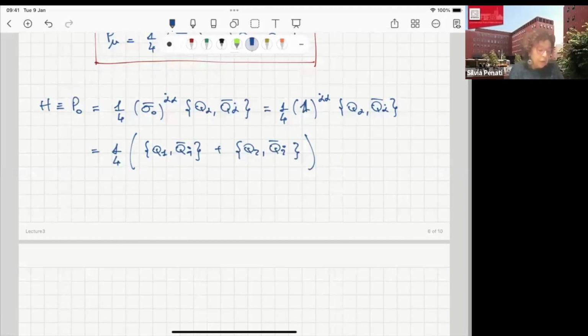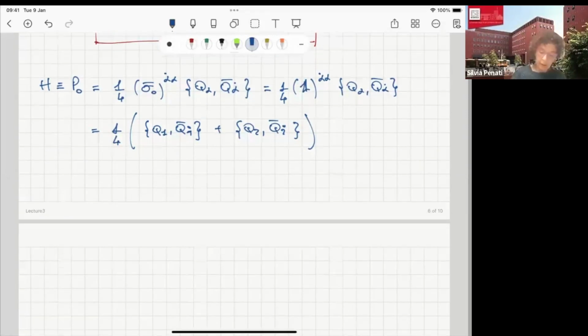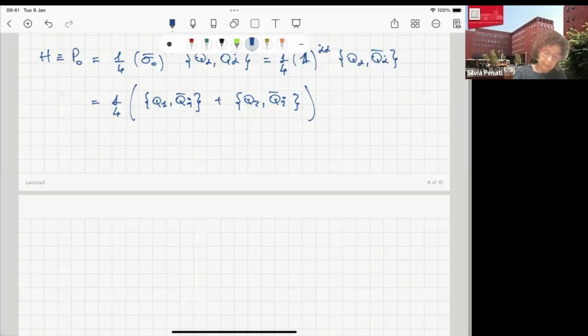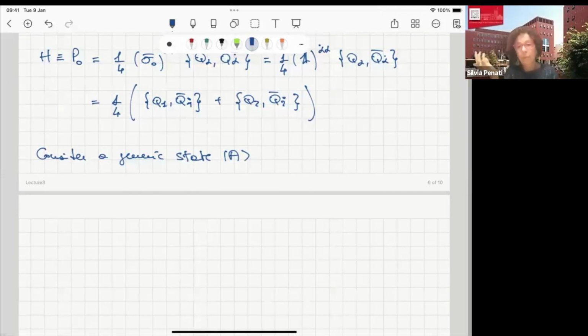What do we want to do with this energy operator? Let's consider a generic state of my theory. A generic state, let me call it A. We are dealing with the ordinary quantum field theory, so the state A has to be thought of as an excited state created by the action of some field, the creation part of the field acting on the vacuum of the theory, okay?